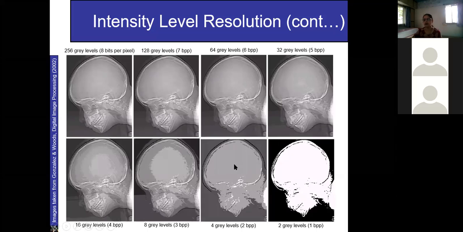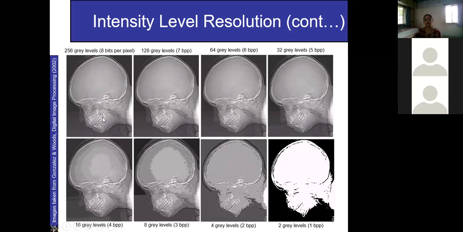Okay, so there are only four gray levels, and as you move upwards, here this is an image with the highest gray levels. Here there are 256 gray levels. Okay, so with more number of gray levels, more details are visible. So if you compare this image with this image, here you can observe more details.